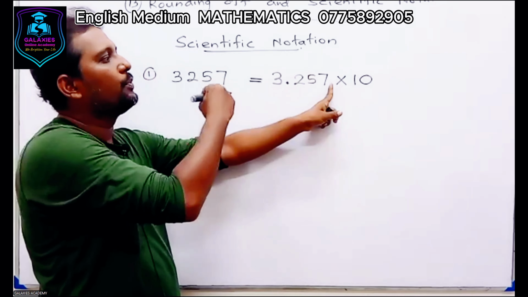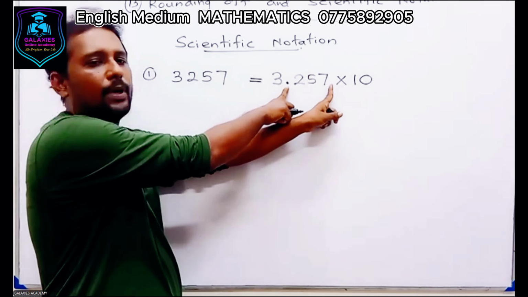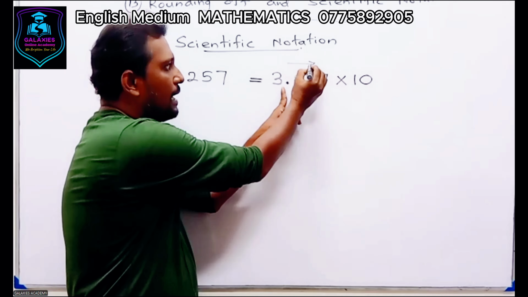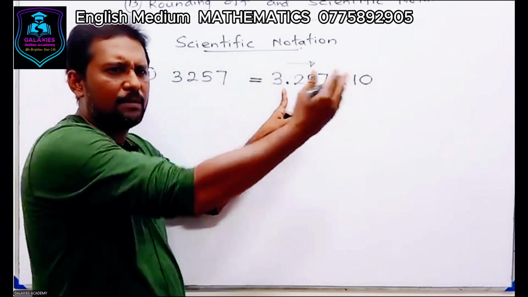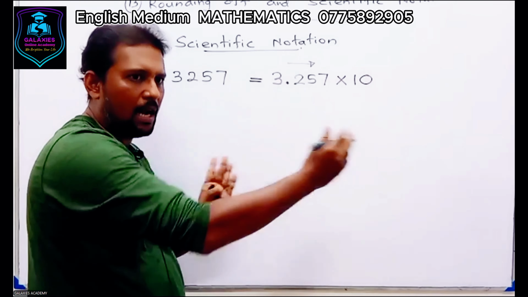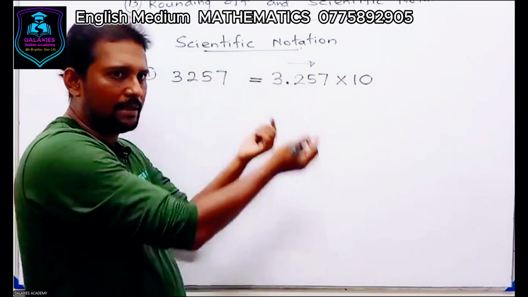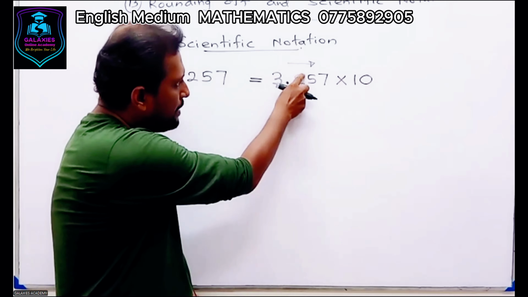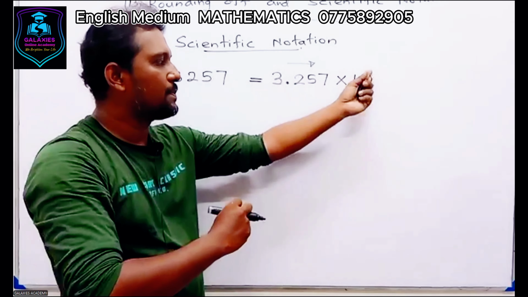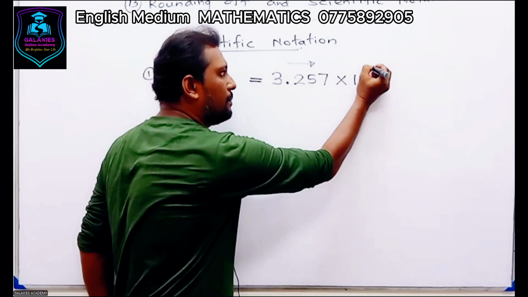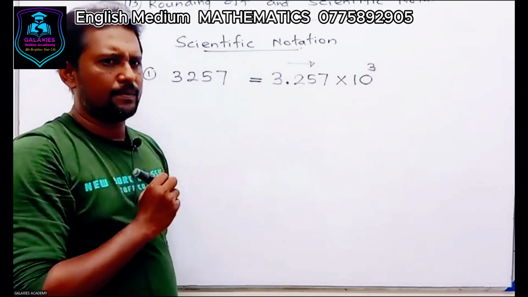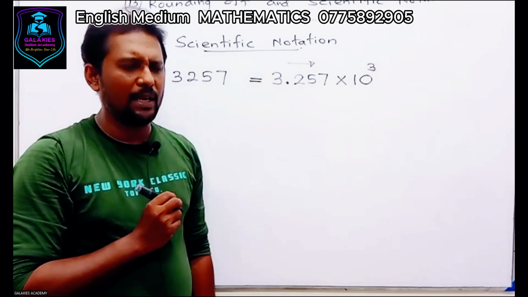To get the number we were first given, which way do we move this decimal point? Your right hand direction. Right hand direction means which side? Positive or negative? Positive direction. How many places do you have to go to get the initial number? 1, 2, 3. So what is the index of this power? 10 to the power positive 3. Right? Can you get the idea?